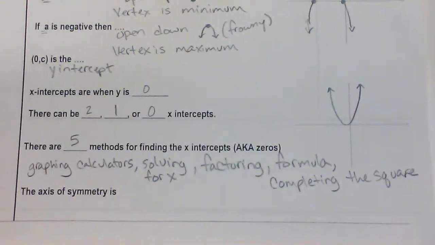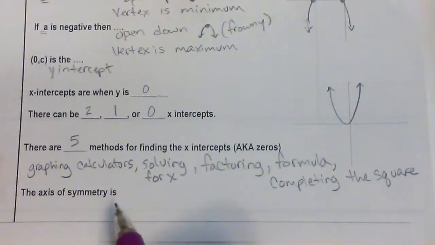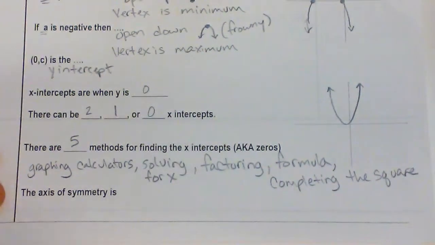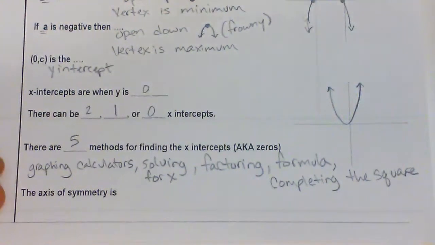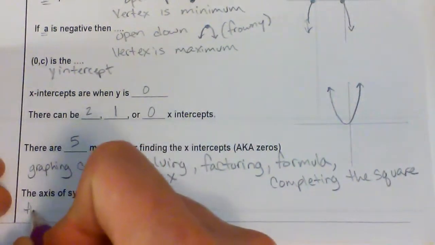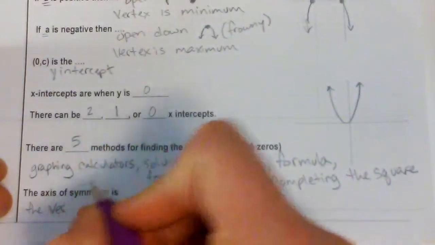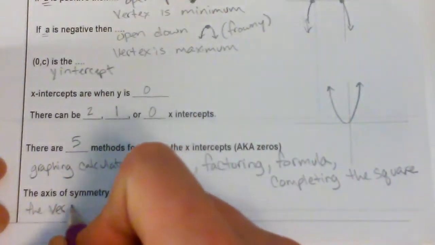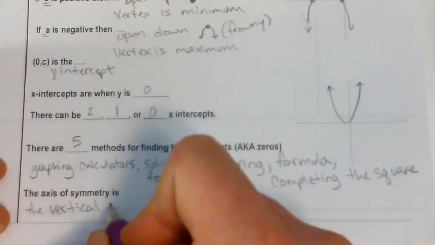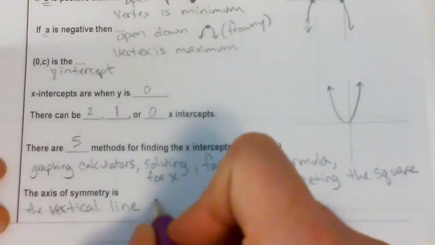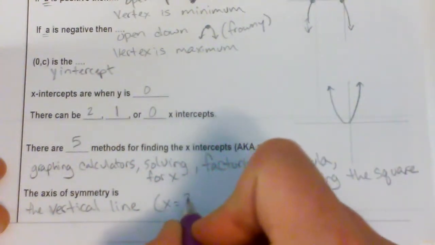The last thing we want to talk about is the axis of symmetry. The axis of symmetry is the vertical line. Oops, can't spell. But you probably knew that. I can spell. I just don't excel at it. It's the vertical line, so x equals something.